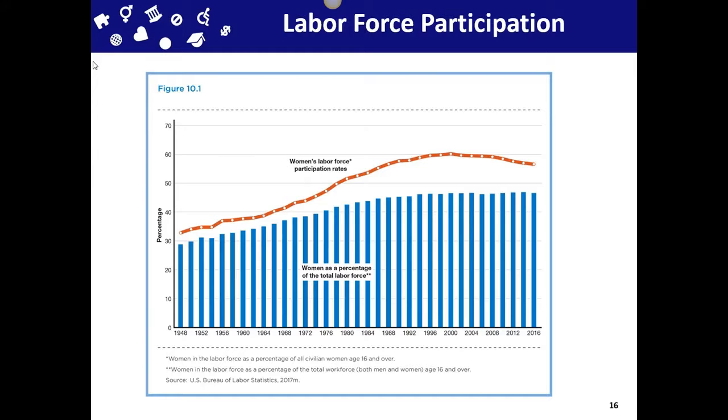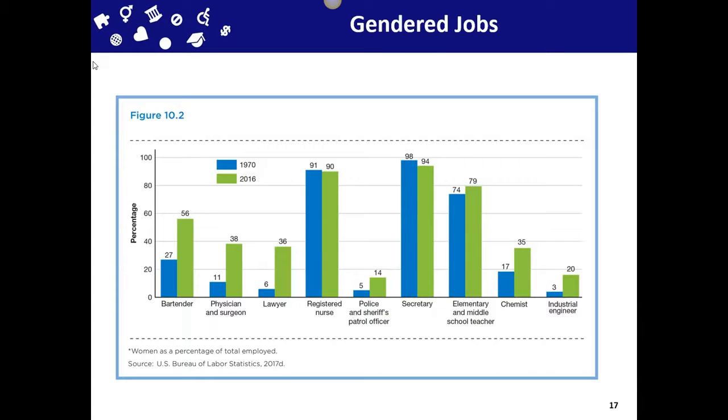However, when women do engage in the labor force, they're engaging in it in a different way than men. They tend to dominate certain fields compared to men and be left out pretty substantially of other fields. And what we see is that those fields that are overwhelmingly dominated by women tend to pay less than the fields that are overwhelmingly dominated by men.